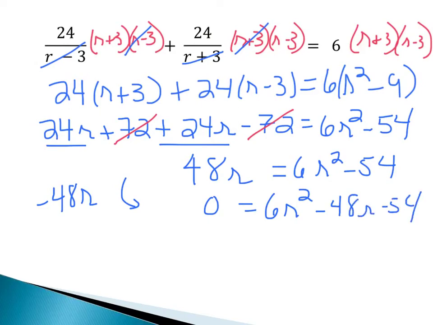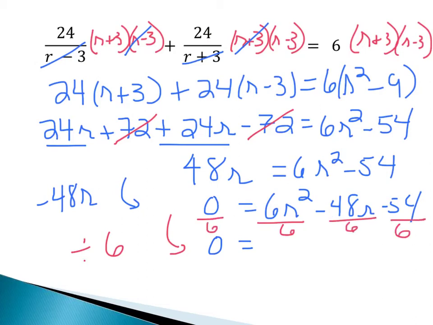All of these terms have something in common, so we can divide by 2, or we could divide by 6, because 6 divides this, and 48, and 54. So let's divide everything by 6. 0 divided by 6 is 0. We can write that if it helps you.